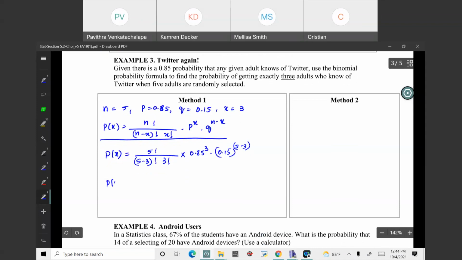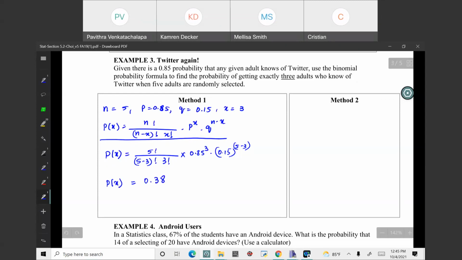How much do you get? 0.38. So this is the probability of getting exactly 3 adults who know how to use Twitter.